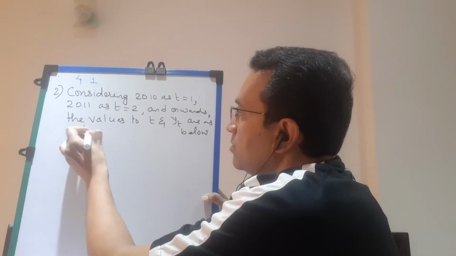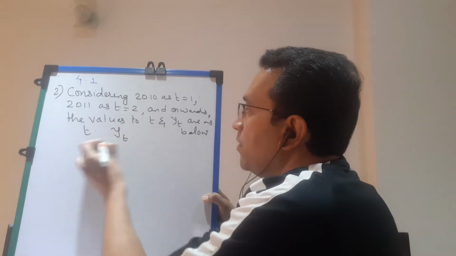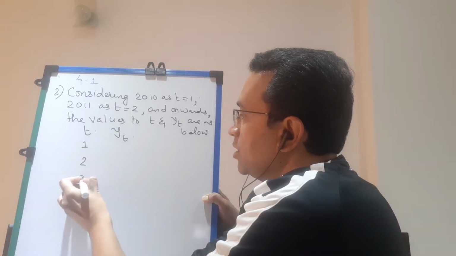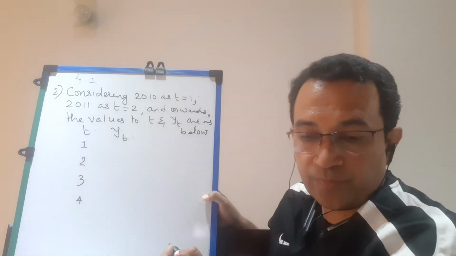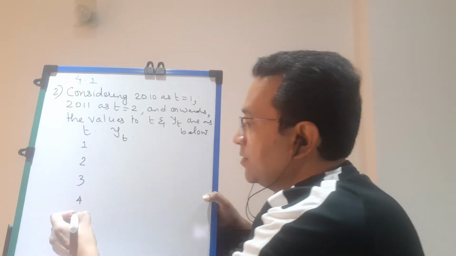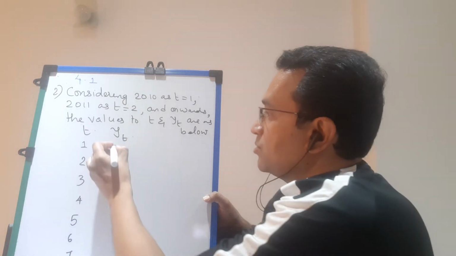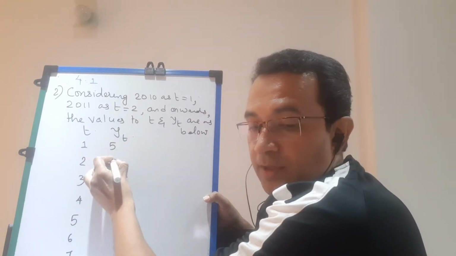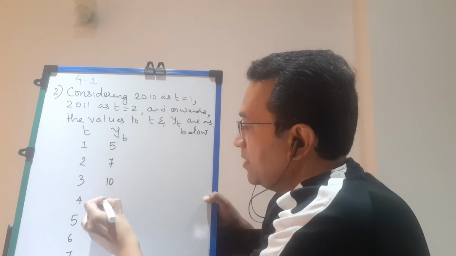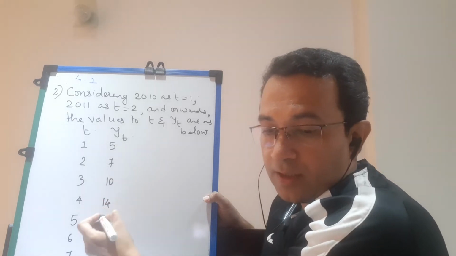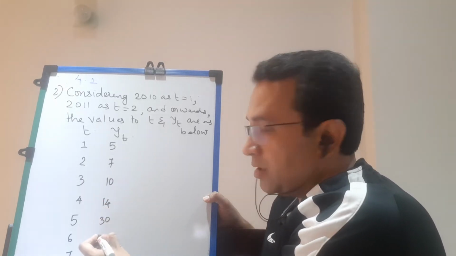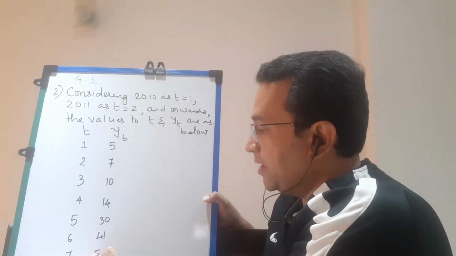So make the columns of t and yt: 1, 2, 3, 4, 5, 6 and 7. The corresponding values of yt are 5, 7, 10, 14, 30, 41 and 50.